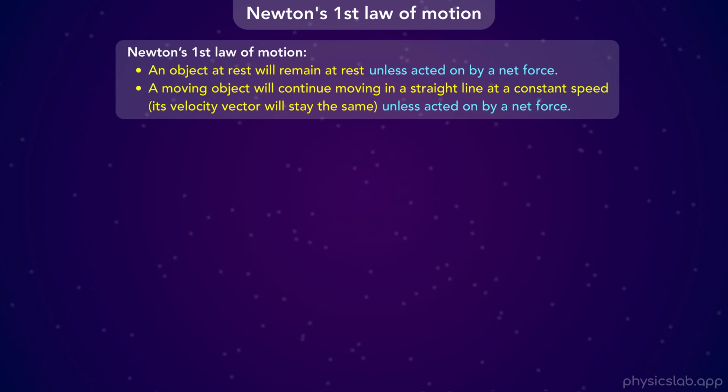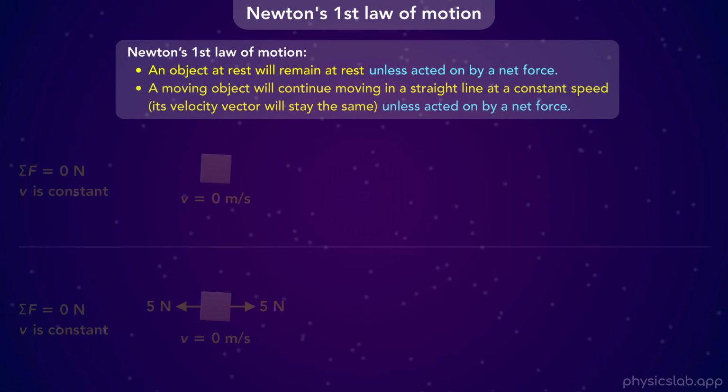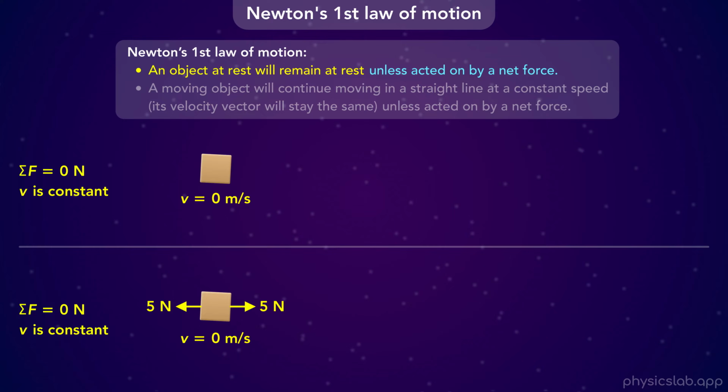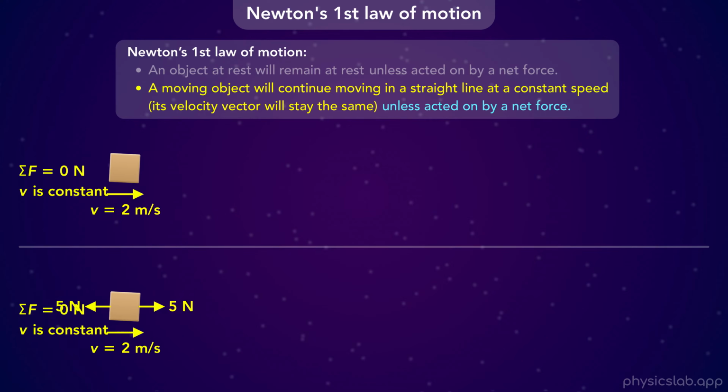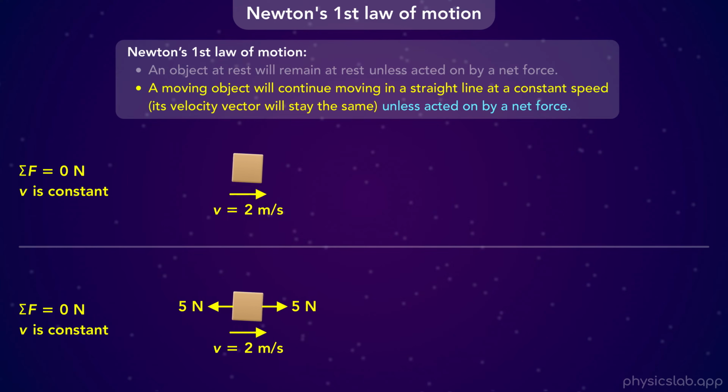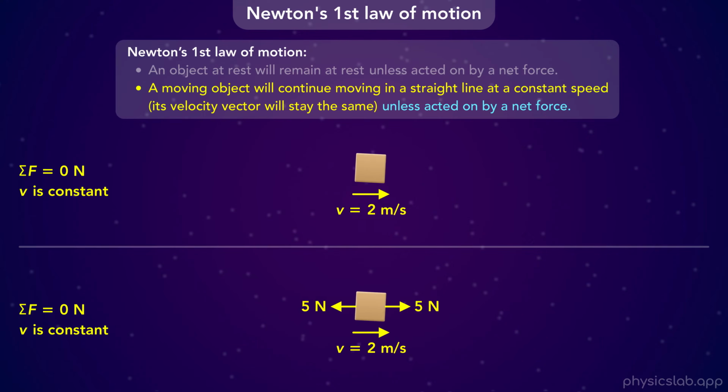So here's a quick summary of Newton's first law of motion. First, an object at rest will remain at rest if there is no net force acting on it. There may be forces, but there's no net force because they cancel out. Second, a moving object will continue moving in a straight line at a constant speed if there is no net force acting on it.